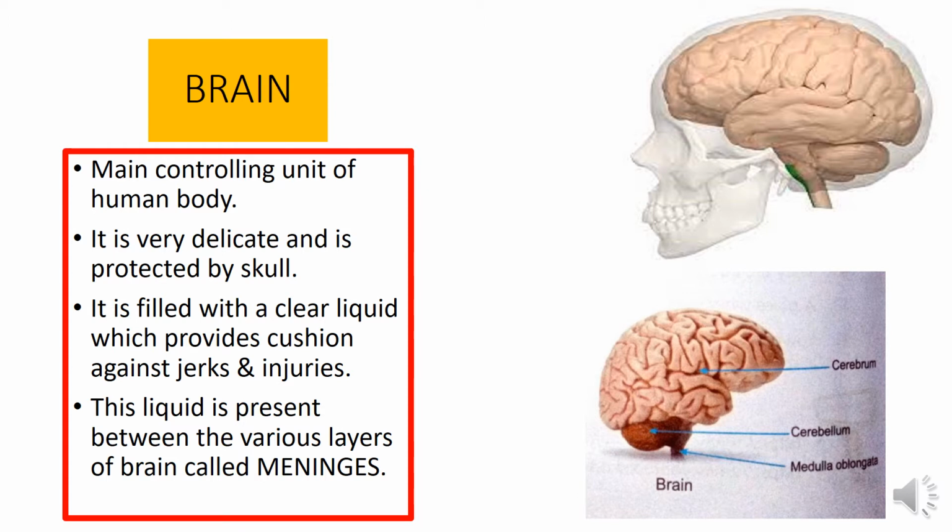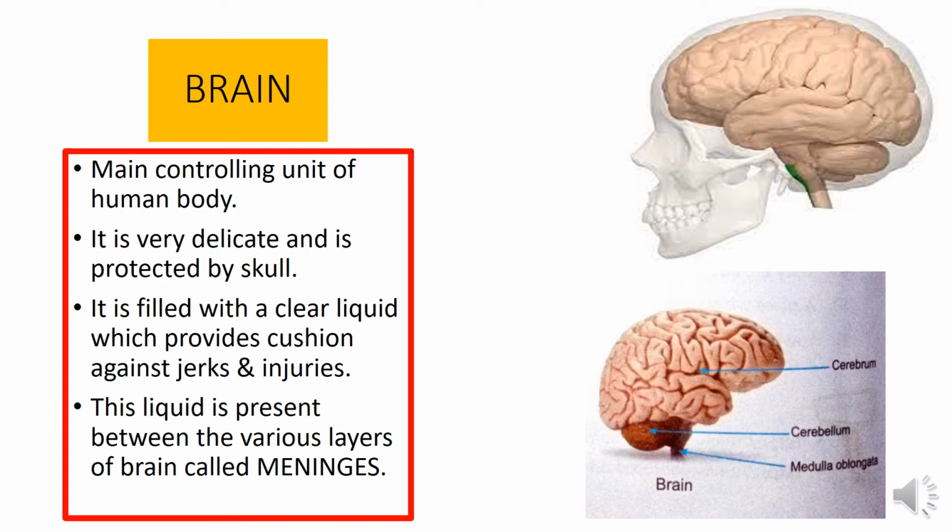So what is the name of the liquid which provides a cushion against jerks and injuries? Meninges. So basically the brain is the master computer, right? And it is protected by the skull, which is a hard bony structure, and the liquid which is present inside the brain is called the meninges.